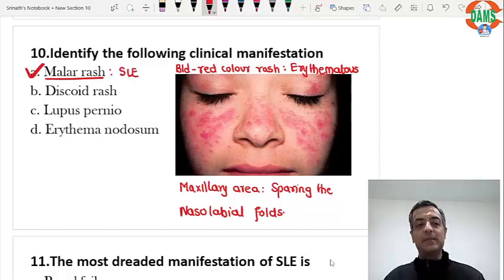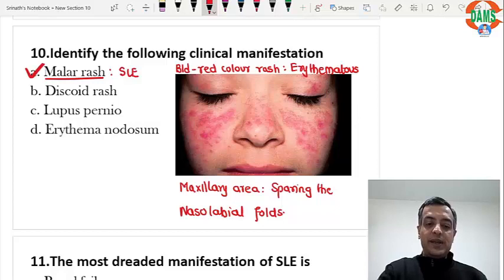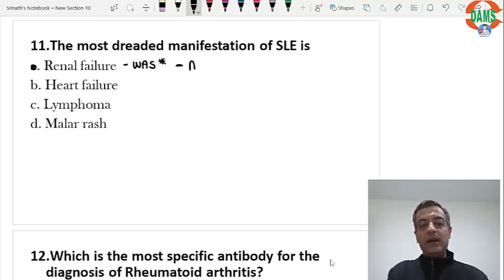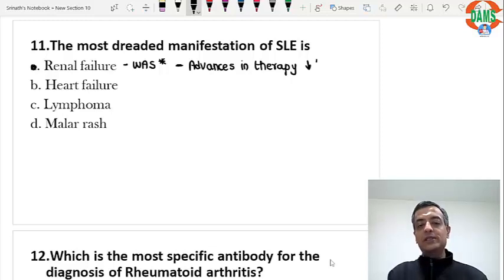The most dreaded manifestation of SLE used to be renal failure, but advances in therapy have reduced the risk of RPGN, reducing the risk of mortality due to renal failure.